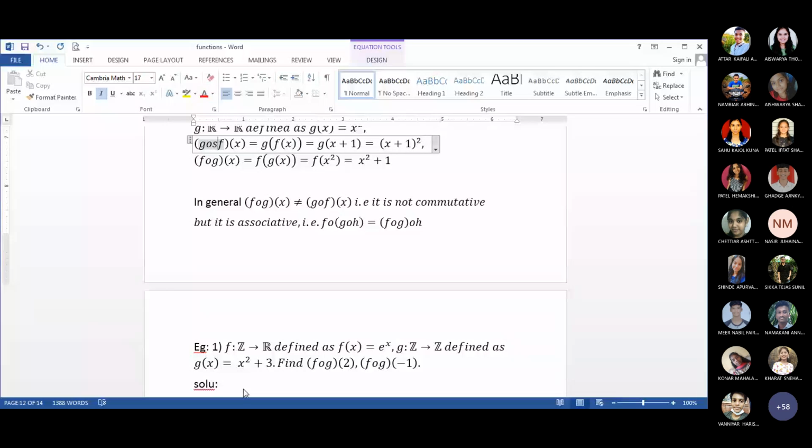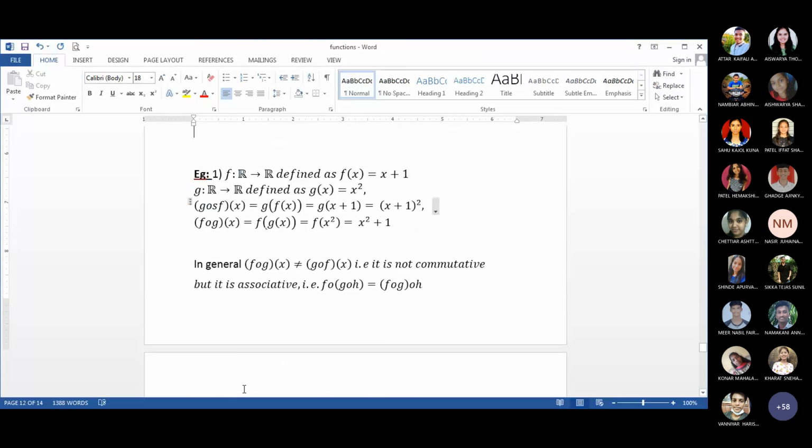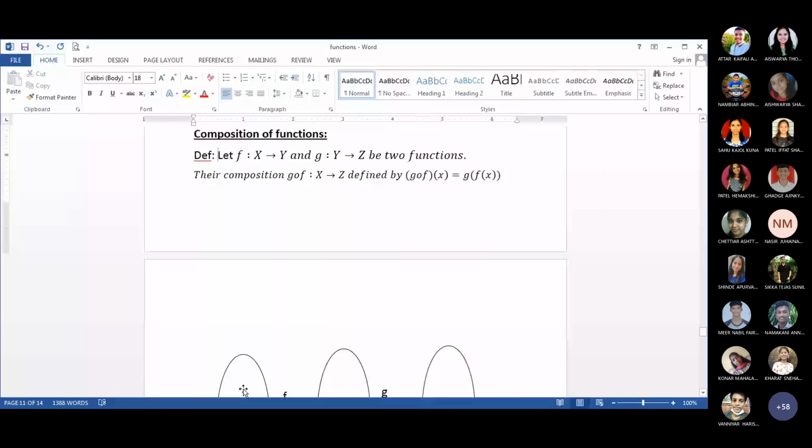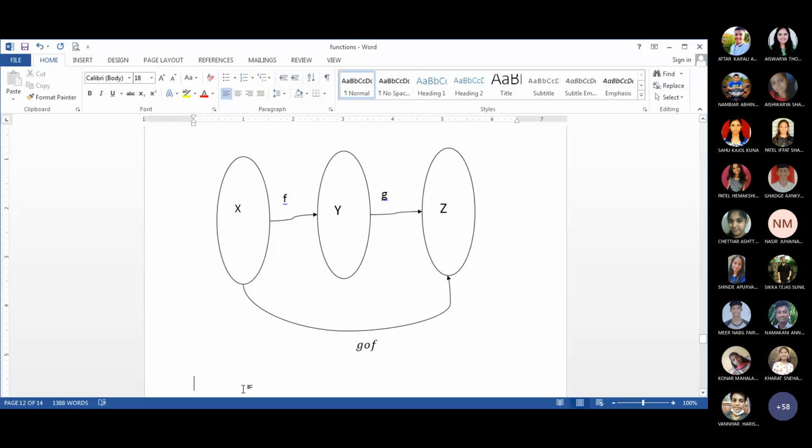One is G composed with F, जो अभी हम लोग ने देखा। दूसरा जो है that is F composed with G. F composed with G will be F of G of x. ठीक है, F composed with G will be F of G of x. तो F composed with G exist होने के लिए तुम्हारा कंडीशन क्या होगा? कंडीशन है G का कोडोमेन should be same as F का डोमेन.